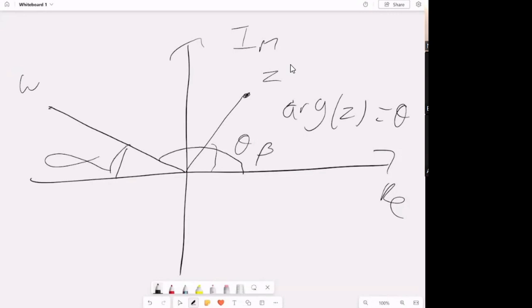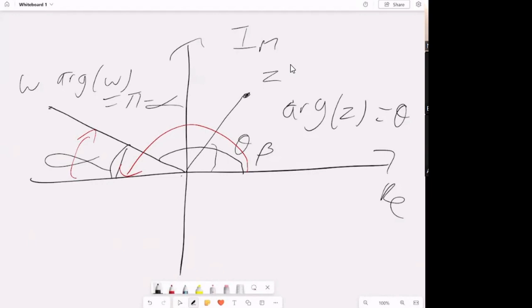So we find this angle alpha, and then we take 180 minus alpha to get beta. So the argument of w right here is actually pi minus alpha. How I like to see it is that we're going pi and then we're minusing alpha.